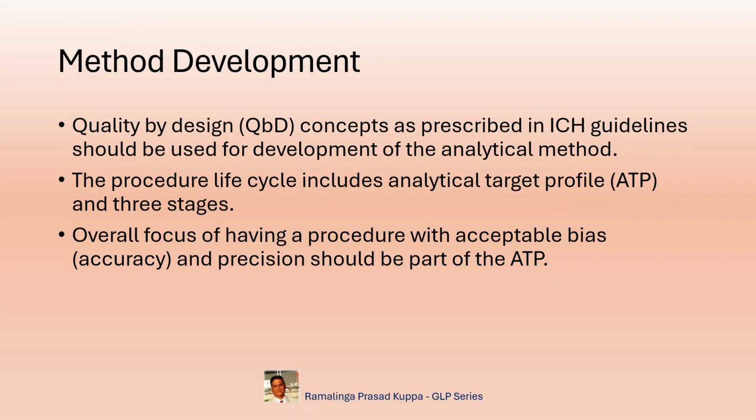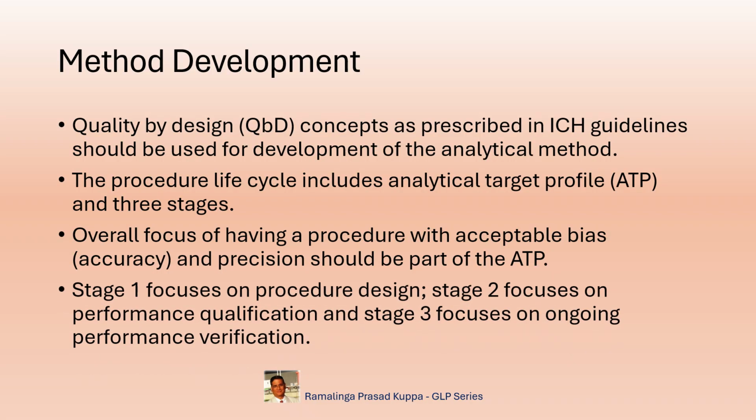Overall focus of having a procedure with acceptable bias, that is accuracy, and precision should be the part of ATP. Stage 1 focuses on procedure design, stage 2 focuses on performance qualification, and stage 3 focuses on ongoing performance verification.